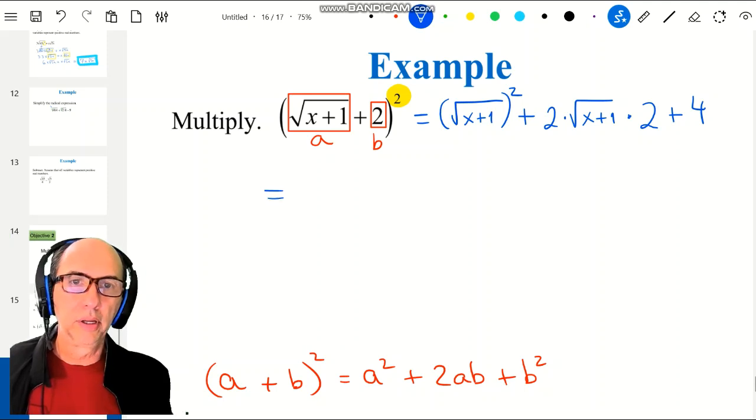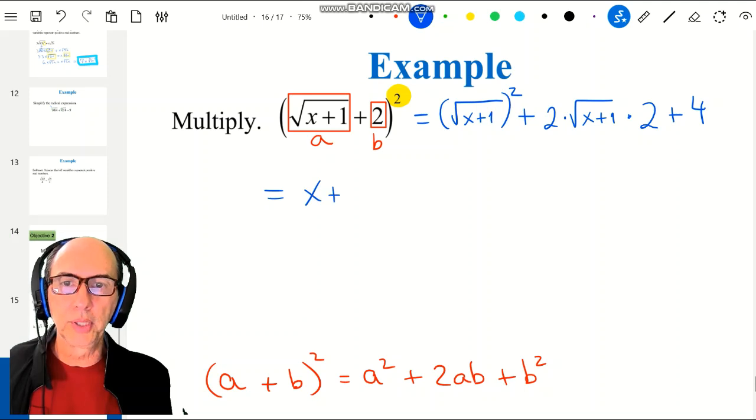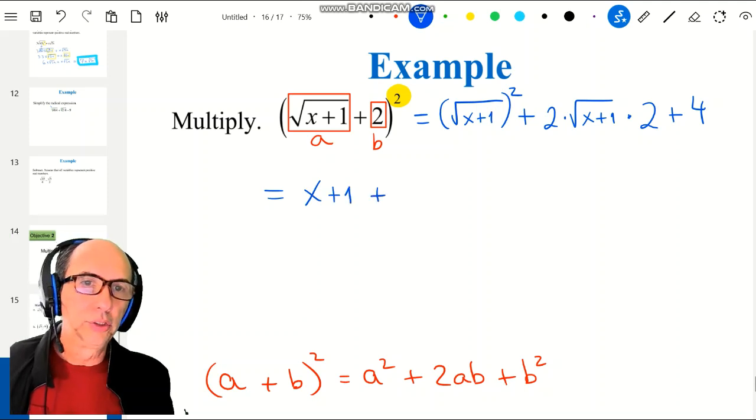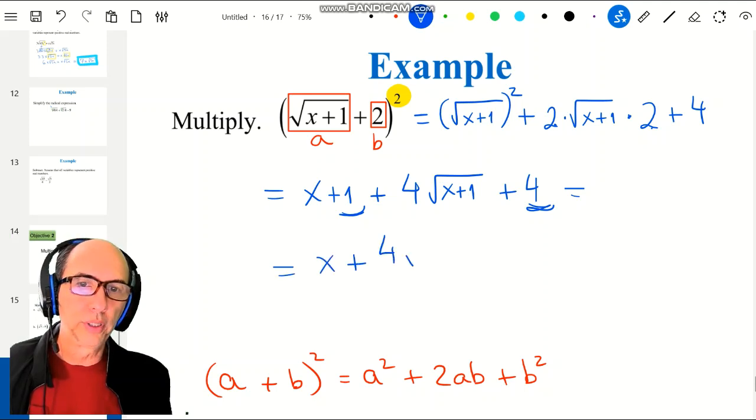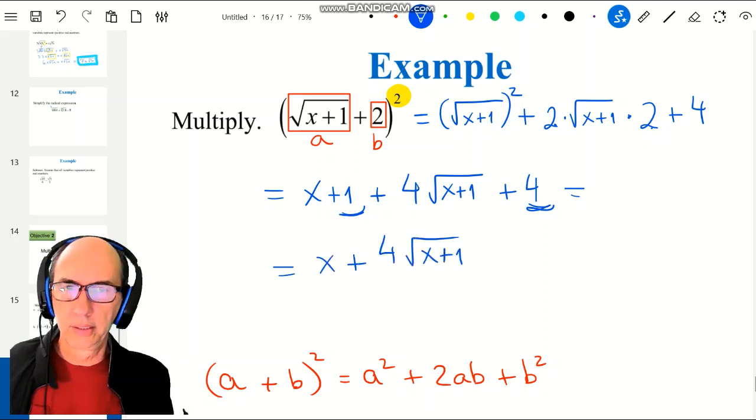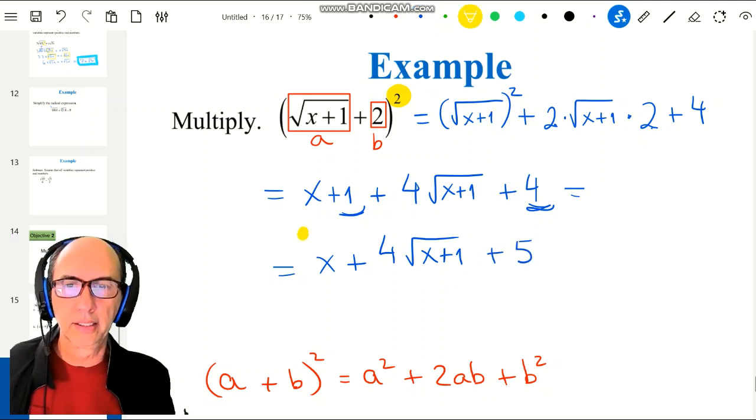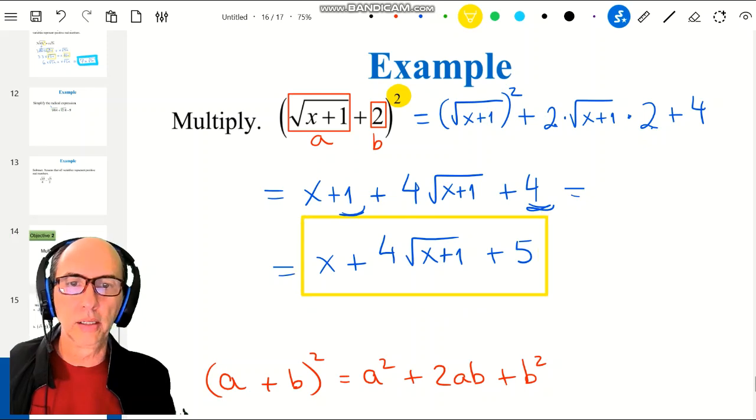Simplifying, because square root of x plus 1 is squared, is just x plus 1, plus 2 times 2, 4, square root of x plus 1, plus 4. And finally combine like terms, and we have x plus 4 square root of x plus 1 plus 5. That's the answer that we are looking for.